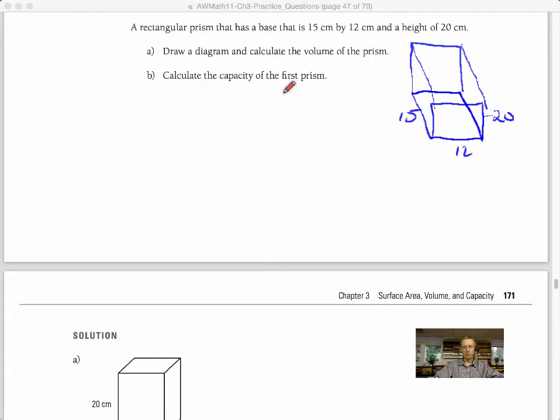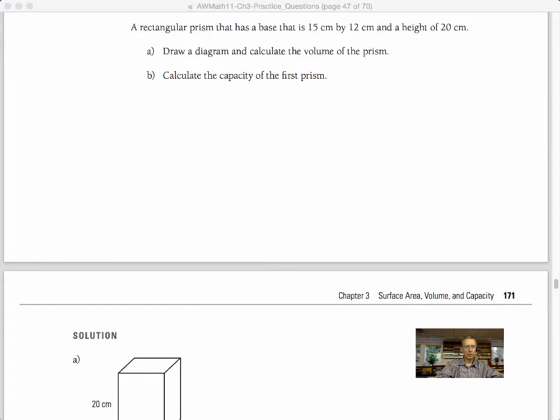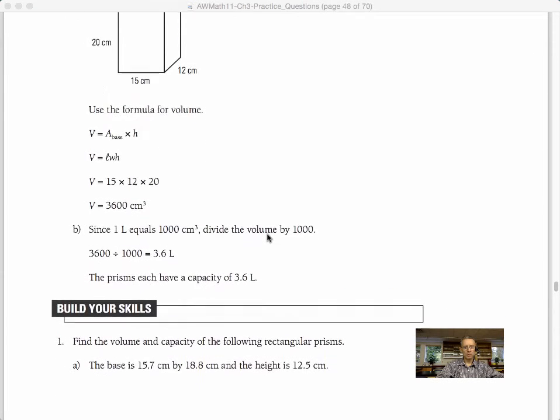So again, the volume is going to be equal to the area of the base times the height. So we're going to have 15 times 12 times the height of 20, and that would give us the answer. So here's the solution below, and it goes through that right there.